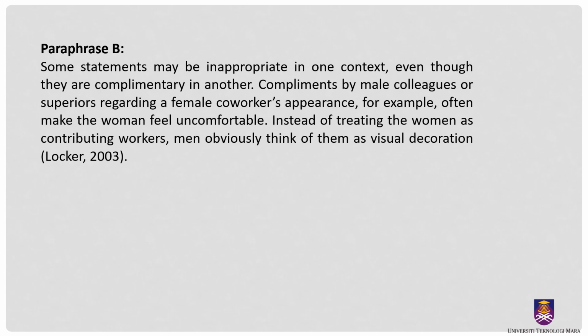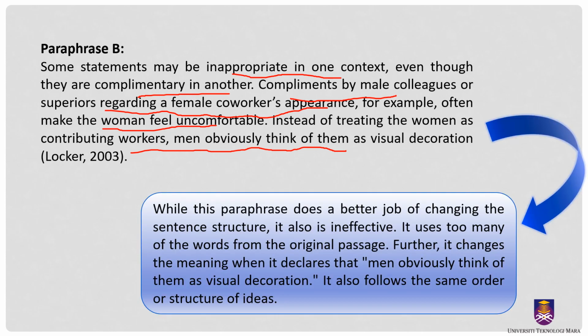Now let's see paraphrase B. Some statements may be inappropriate in one context, even though they are complementary in another. Compliments by male colleagues or superiors regarding a female co-worker's appearance, for example, often make the woman feel uncomfortable. Instead of treating the women as contributing workers, men obviously think of them as visual decoration, according to Locker 2003.